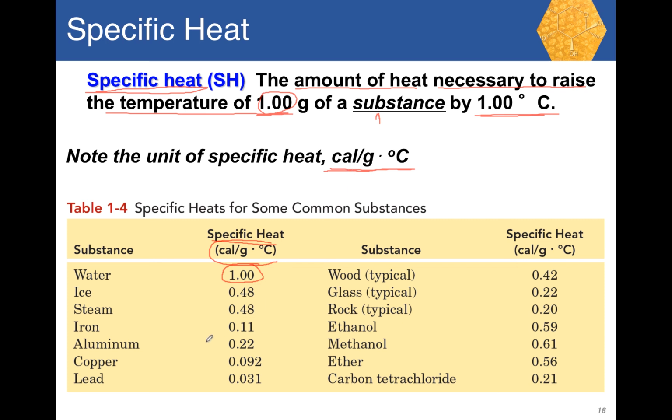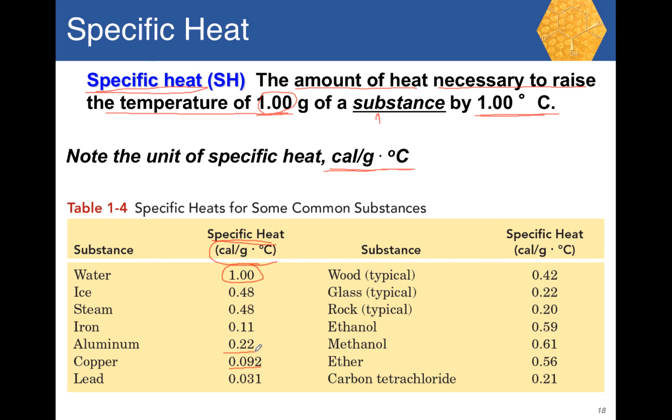Here are some examples, so you can see copper has a specific heat of 0.092, and aluminum has a specific heat of 0.22. So you can determine from this which is better at transferring heat. So let's think that through for a second. We'll work problems like that in a second.